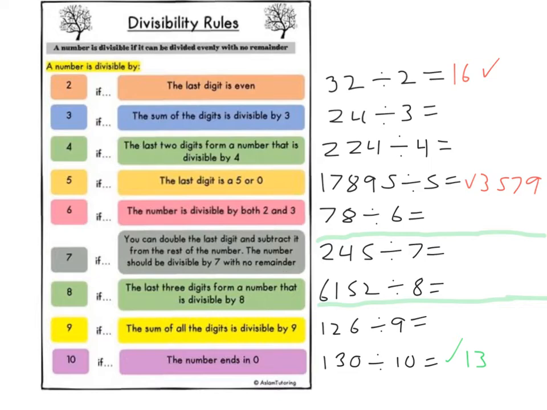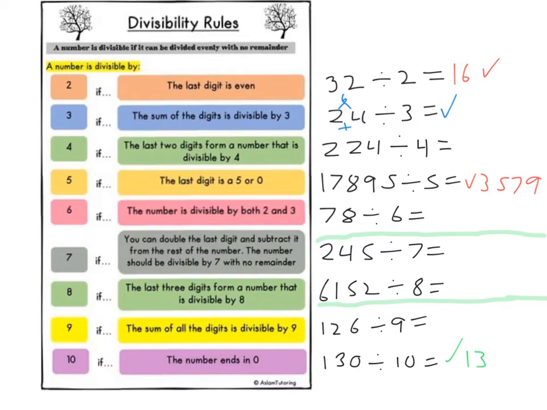So the digits we have here are 2 and 4. 2 plus 4 equals 6. So I'm just going to write a little 6 there. I've added those two digits together. And I think we all know 6 can be divided by 3. Obviously, 6 divided by 3 is 2. So we automatically know, yes, it is divisible.